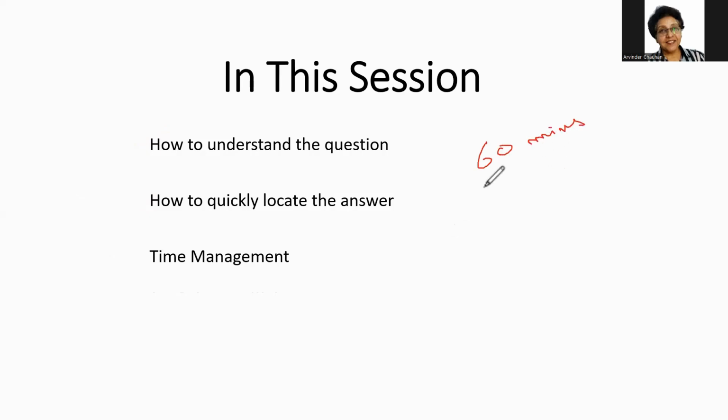Within those 60 minutes, you have to complete 40 questions, which gives you only 1.5 minutes per answer, and that includes reading, understanding the question, locating the answer and writing it. So 1.5 minutes is by no means enough, hence time management is necessary. We'll talk about time management in detail in another video, but right now let's look at the questions at hand.